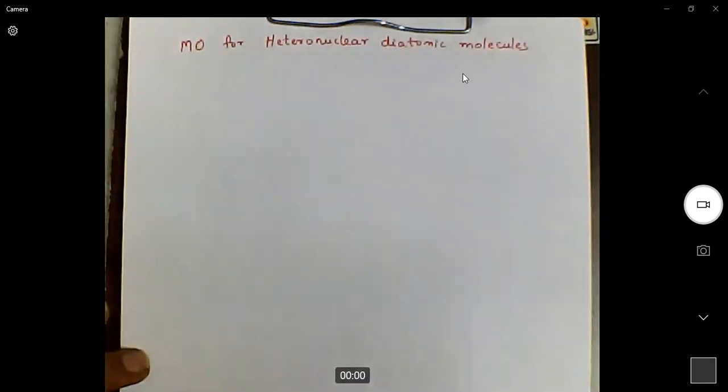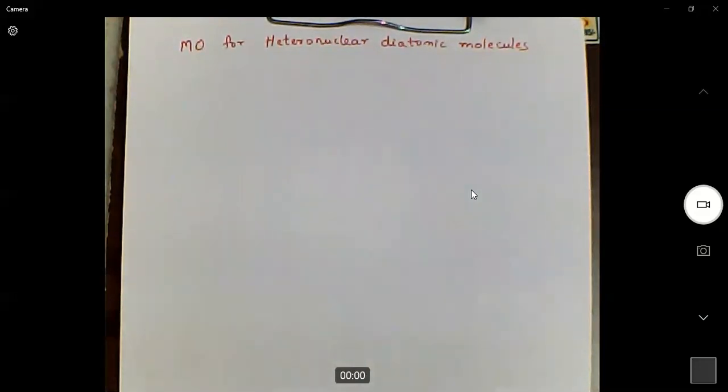What are heteronuclear diatomic molecules? Heteronuclear diatomic molecules means the molecule contains two different atoms.